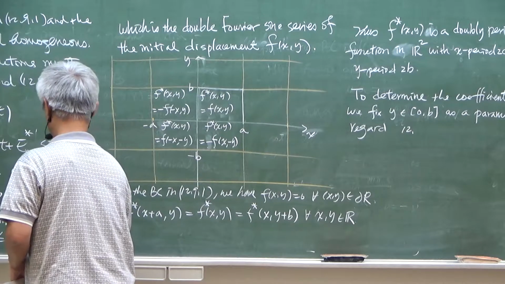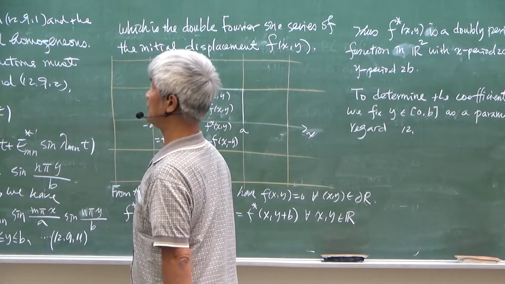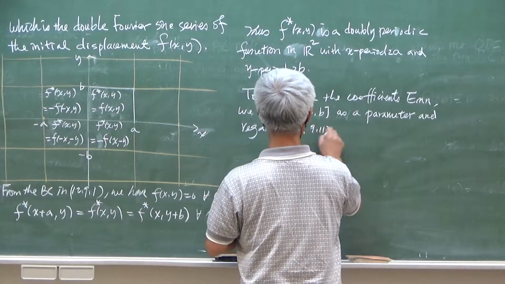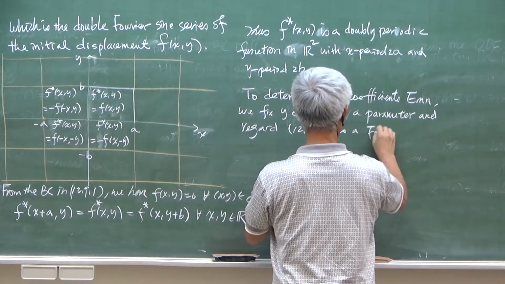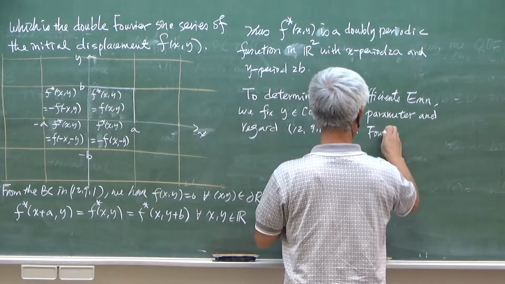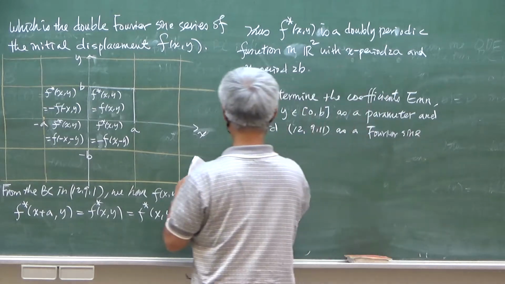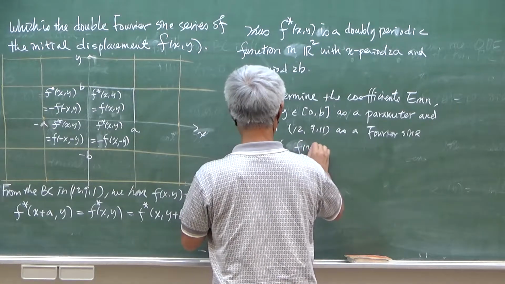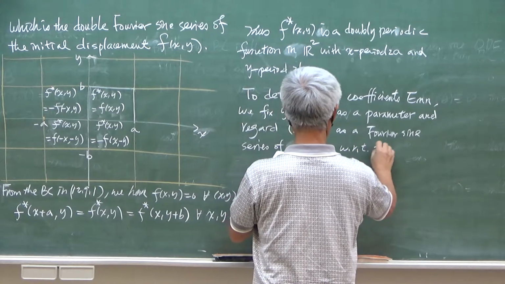this one, 12.9.11, I think so. Yes, right. So this, 9.11, as a Fourier sine series of f with respect to x.